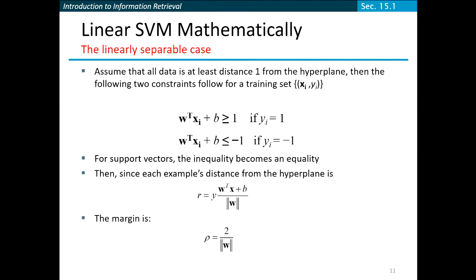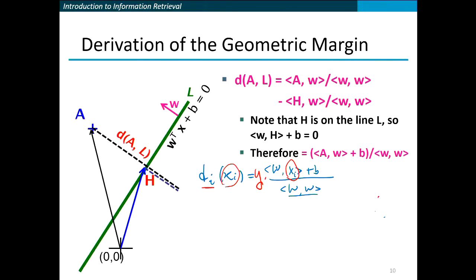So I won't do the detailed derivation, but essentially it turns out that we need to fix one of the things, and it's easier to say that, for example, if you look at the formula here, if I change w, if I double my w, this value will become smaller because the denominator will become larger.